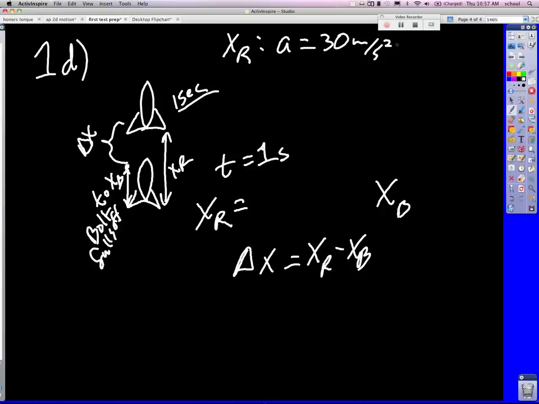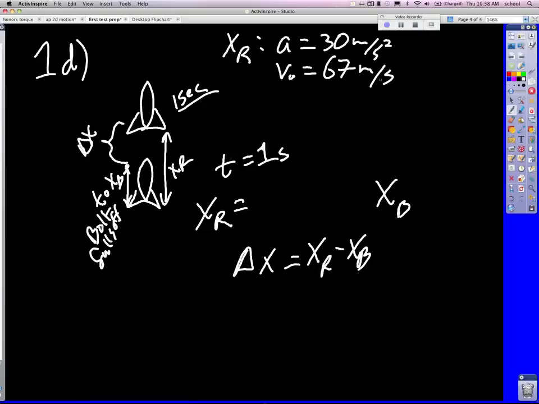So let's talk about the bolt. What is the acceleration of the bolt? -10, good, because of gravity. What is the initial velocity of the bolt? 67, right, because it just fell off the rocket, yes? And then we have t of 1 second. It's the same stuff, just a different acceleration.